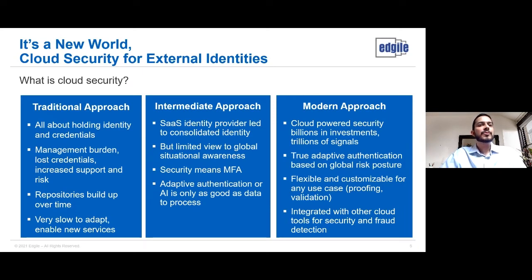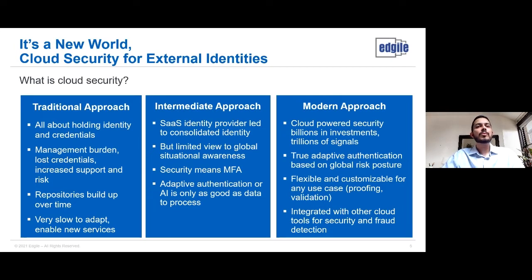The intermediate approach in the middle of the slide is where we saw the dominance of the SaaS vendors, and they wanted to take advantage of the market scenario, and they started holding identities and providing capabilities like single sign-on to their third-party applications.